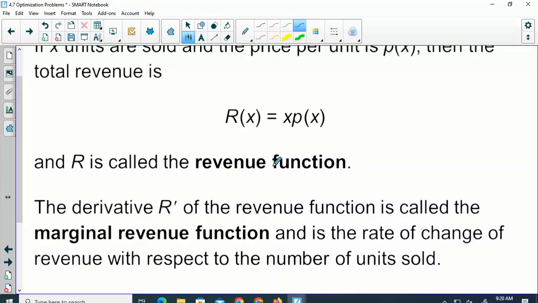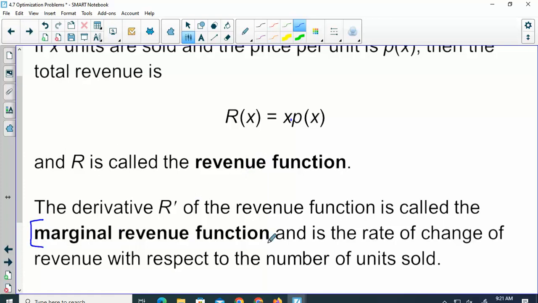The amount of money you bring in is the price you're charging times the number you sell. If I'm going to make pies and sell them for $25 each, the amount of money I bring in is 25 times how many pies I sell. Is that profit though? No, because what do I have to do to that revenue to figure out how much money I actually made? We have to subtract off the costs that I had. So revenue is price times quantity.